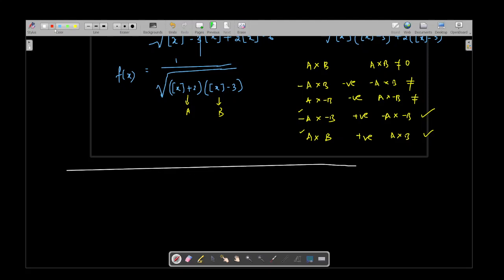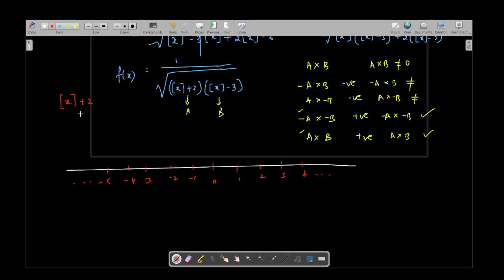So let's take the number line. We have 0, 1, 2, 3, 4 and so on, minus 1, minus 2, minus 3, minus 4, minus 5 and so on. So when does this become 0? We have x plus 2.